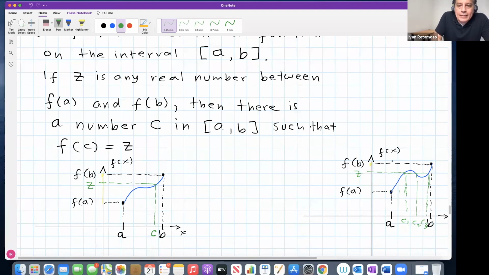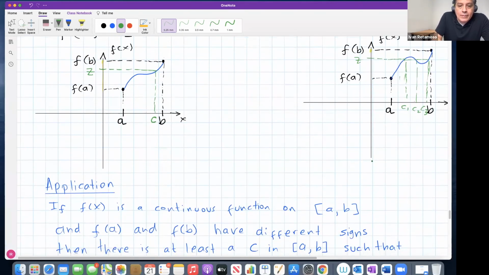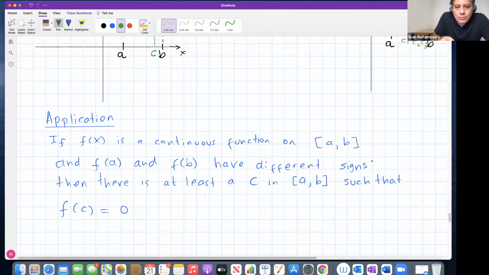And because of that, mathematicians use this theorem as an application to find solutions for polynomial equations or even equations in general. As long as there is continuity, they use this theorem in the following way.